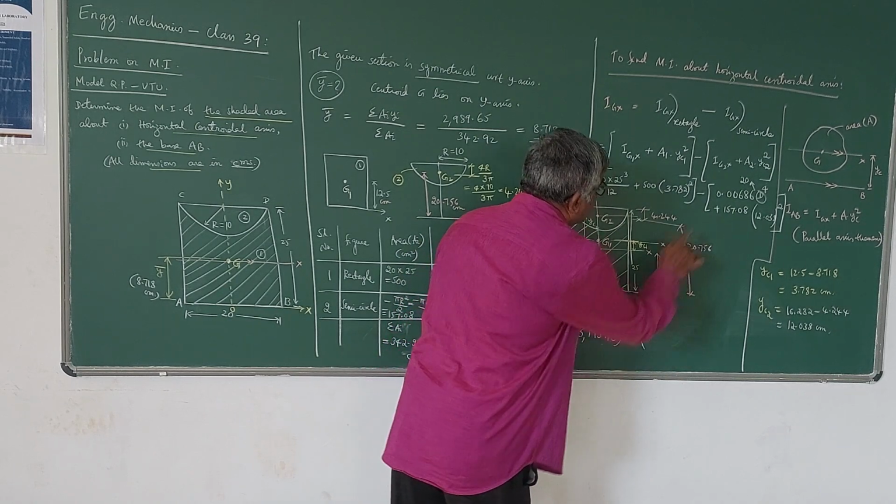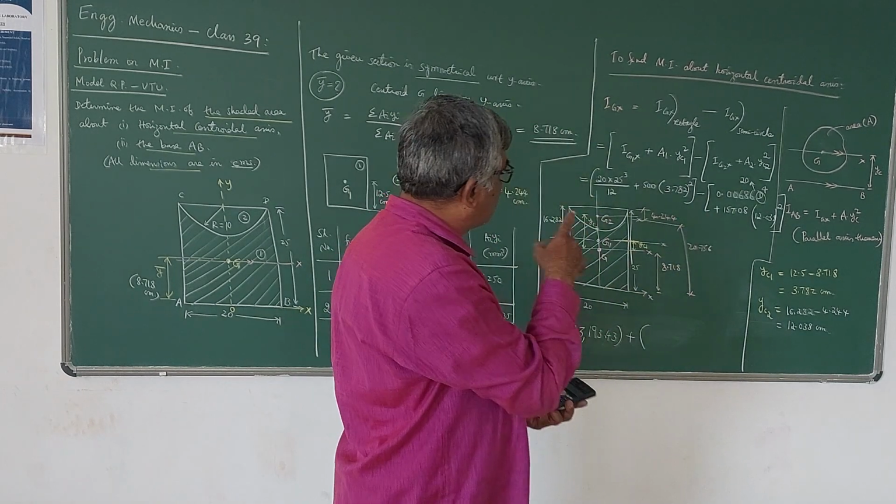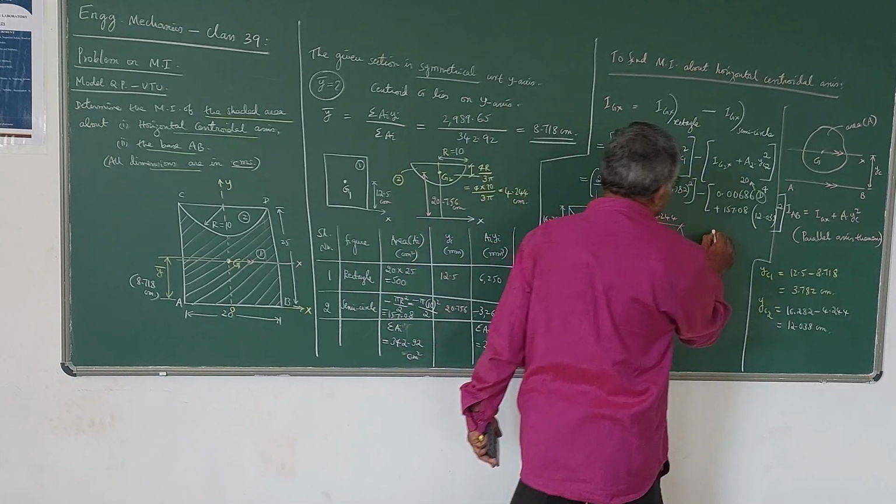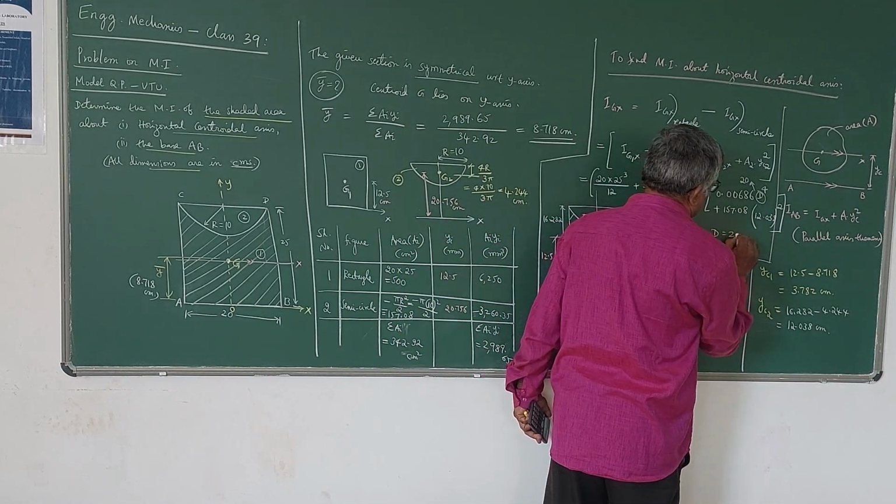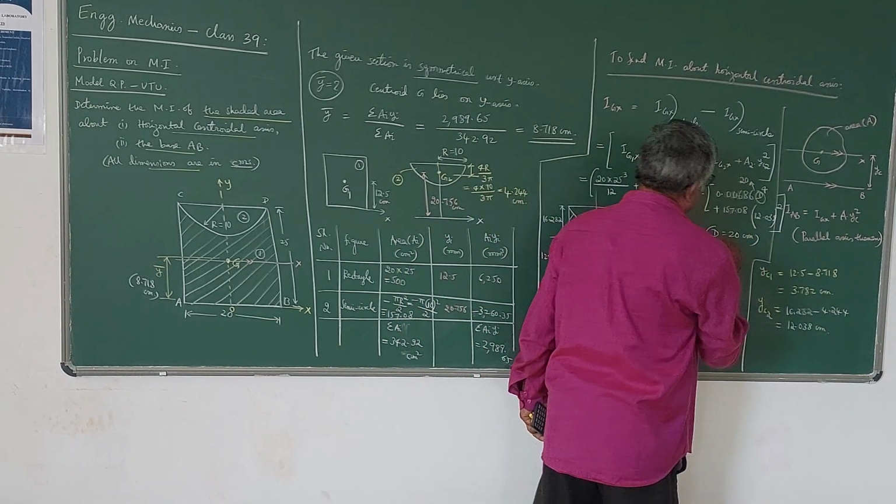Plus this value now. If I put D is equal to, D is the diameter of the semicircle, which is 20 centimeters, that I have to substitute.